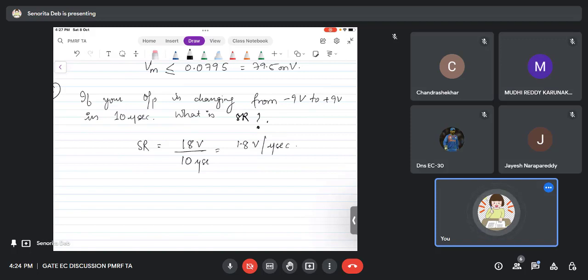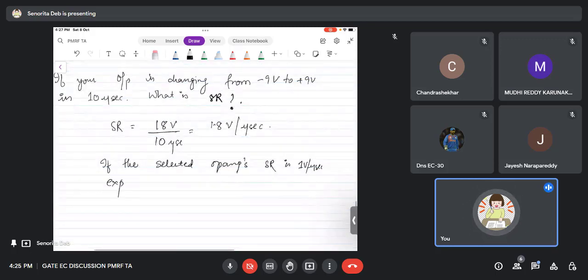Okay, now if this is what your input is, and this is how your output is changing, suppose you have selected one op-amp, and if the selected op-amp's slew rate is 1 volt per microsecond, then it will experience distortion.